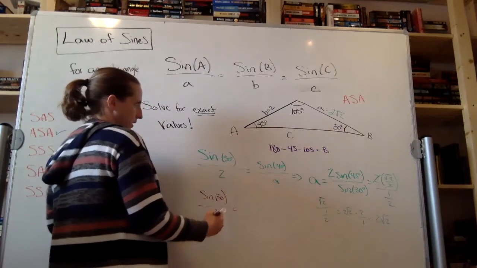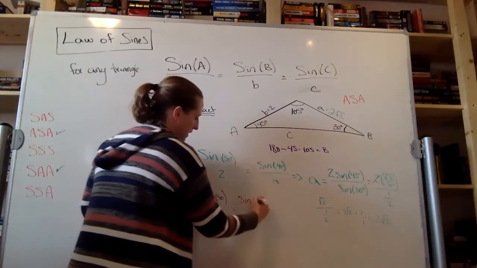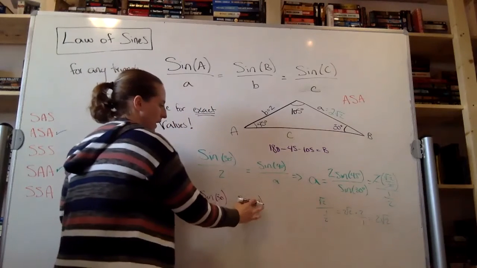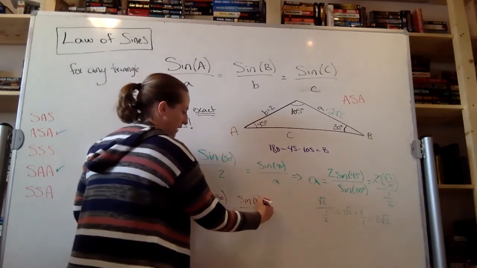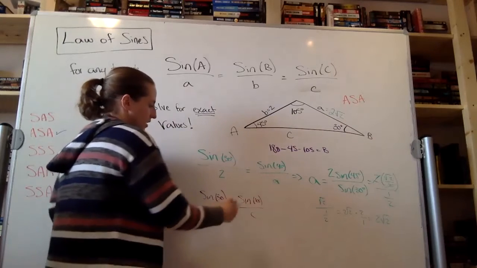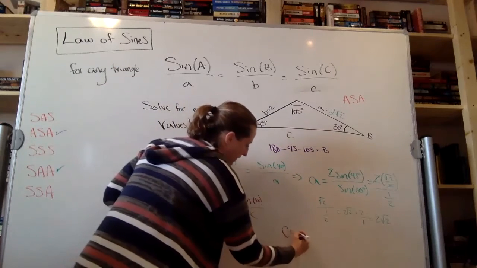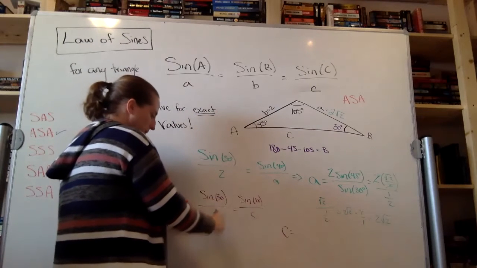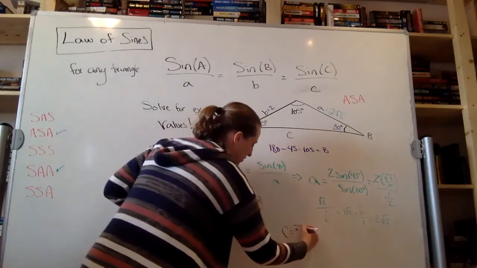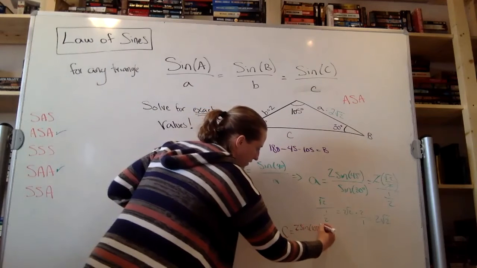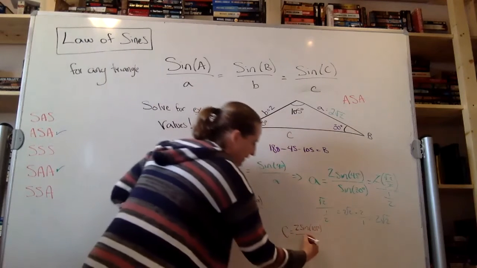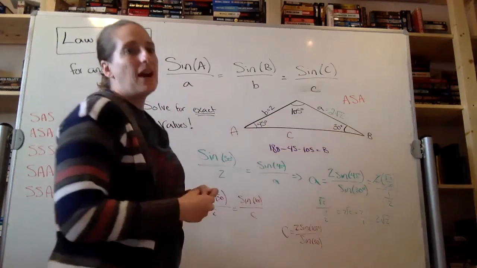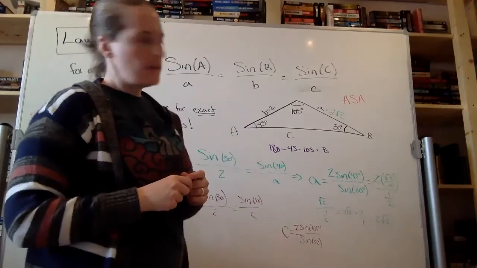And that's going to equal our sine of C over c. We know that our angle C is 105. Okay. All right. So when I solve for c, I'll move my c over. So I'll have c times sine of 30 over 2. Multiplying both sides by 2 gives me 2 sine of 105 degrees over, dividing by sine of 30. Okay, now here's where things get fun, is what I would say.